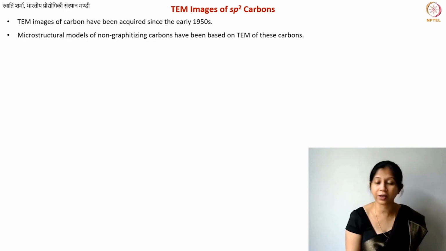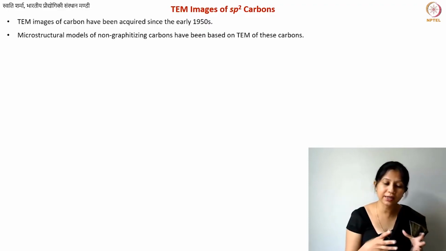Not the first one, not the one that Rosalind Franklin described. That was completely based on X-ray diffraction, and of course some properties of the material that you need to correlate. But the other models, the Jenkins-Kawamura model, and then the model provided by P.J.F. Harris, and also the recent study that I have done, and then I've shown you also the in situ electron microscopy, which gave us some more information.